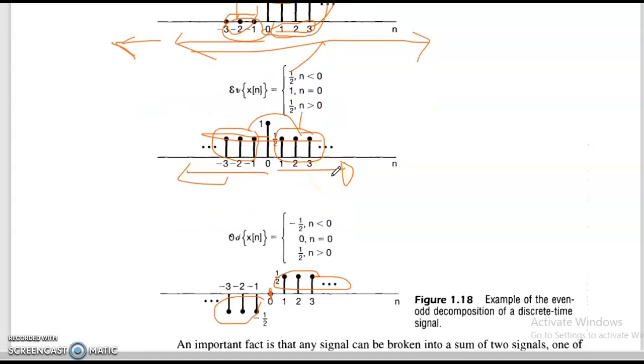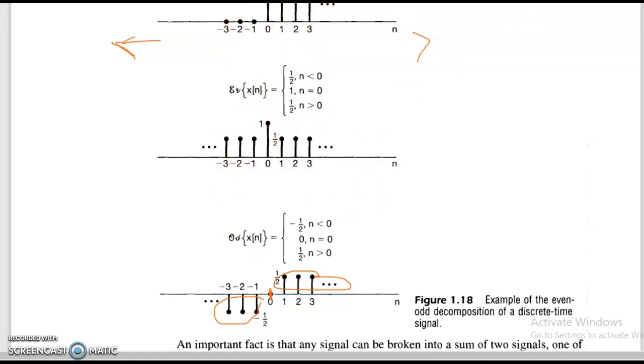In this figure, this is the even signal and this is the odd signal. In this even signal, x of n equals 1 by 2 when n is less than 0.